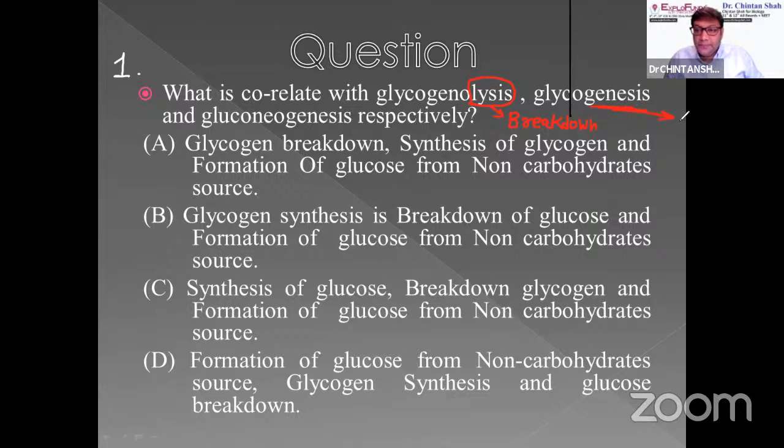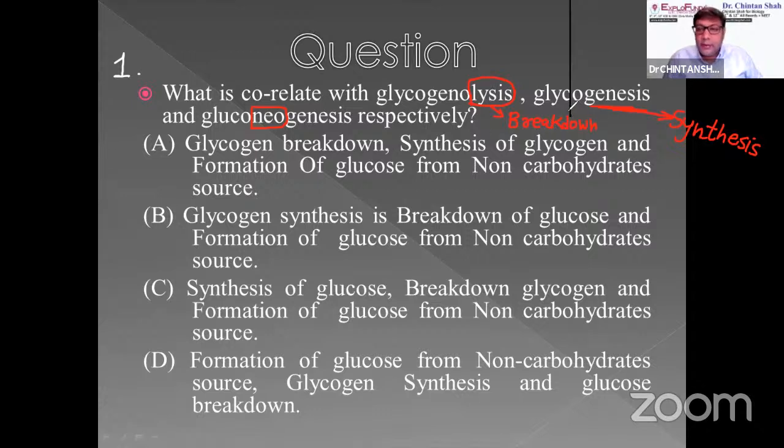And in gluconeogenesis, this neo is telling that it is developed from a non-carbohydrate source. So the meaning of glycogenolysis is glycogen breakdown.